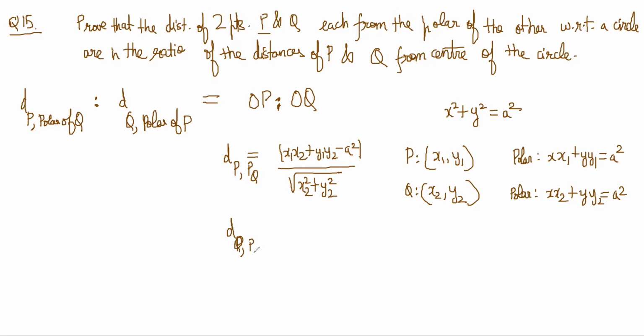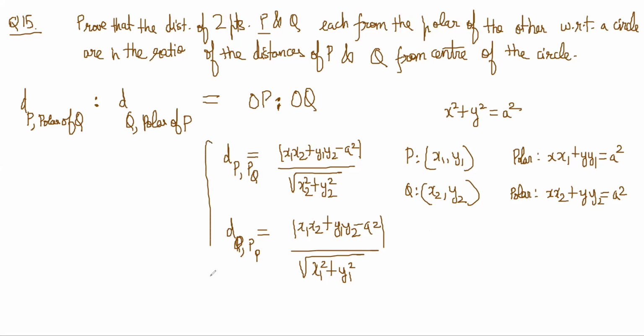Yeah, I got it. We have to just find it for both of them, and then we have to divide both of them. It comes out to be this thing. It basically comes out to be equal to PC by QC, where C is the center. Yeah, got it.